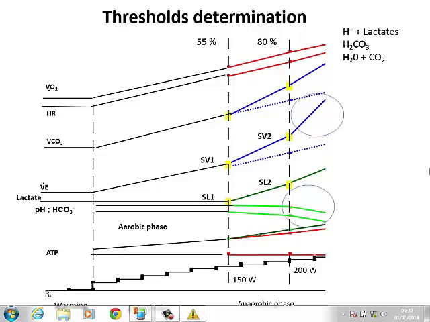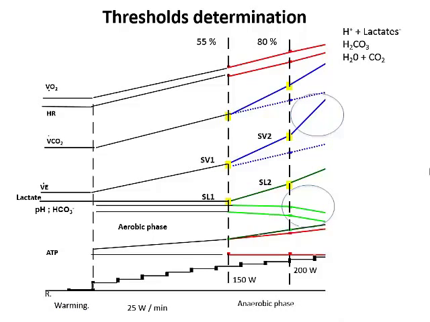The first threshold, in general, occurs at about 50 to 60% of the maximum VO2. The second threshold occurs at about 80%. If a patient stops exercising without reaching the first ventilatory threshold, probably the exercise test was not maximal or was stopped for a reason other than cardiologic. If you don't measure gas exchange, you don't have this information.